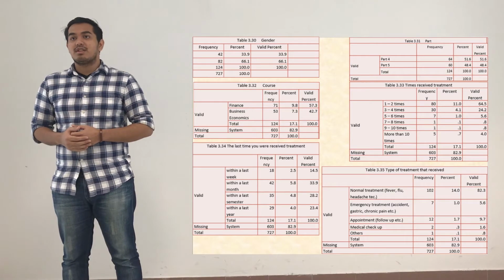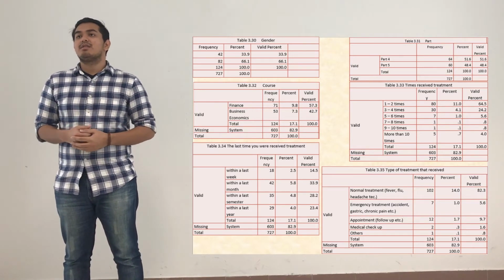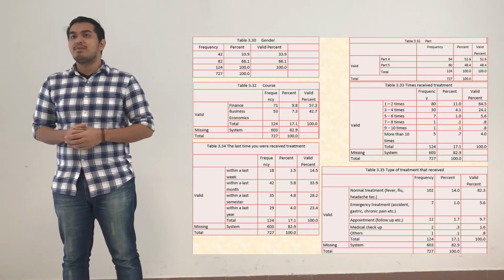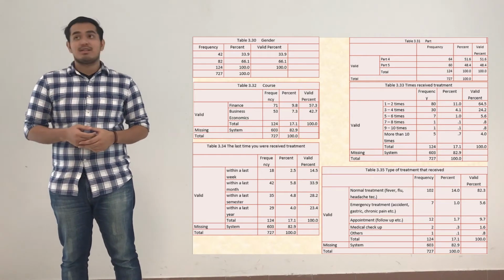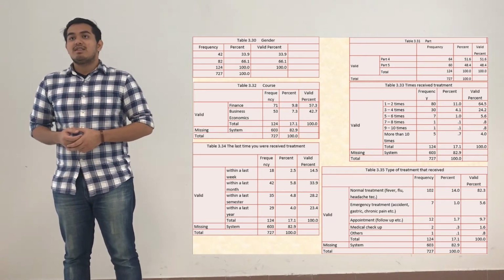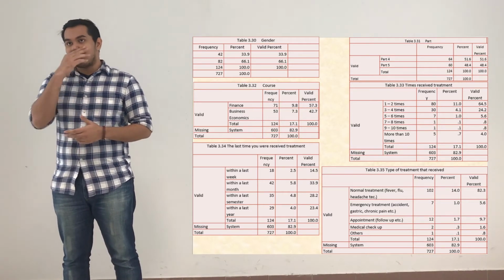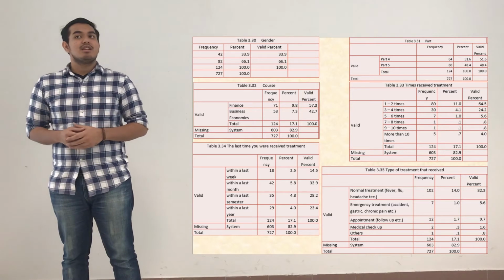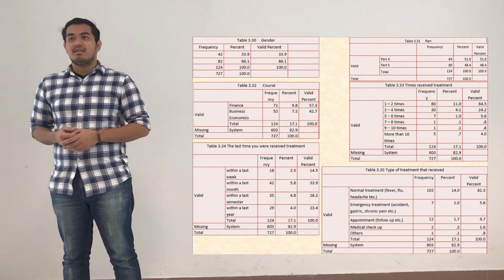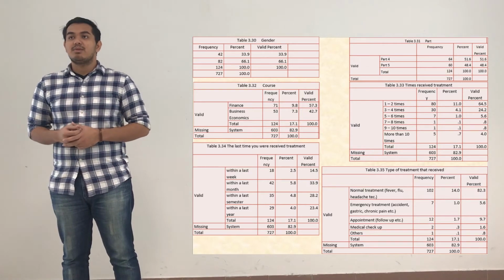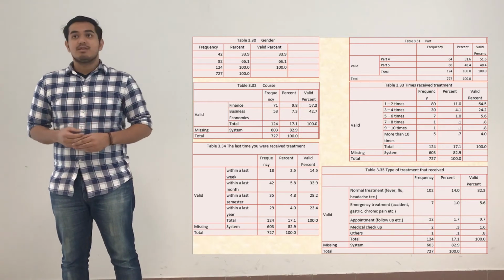The result shows that respondents from Business and Economic are 53 and from Finance are 71. As you can see, Table 3.33 shows the frequency of respondents receiving treatment at unit kesihatan. Most of the students went to unit kesihatan at least 1 to 2 times.